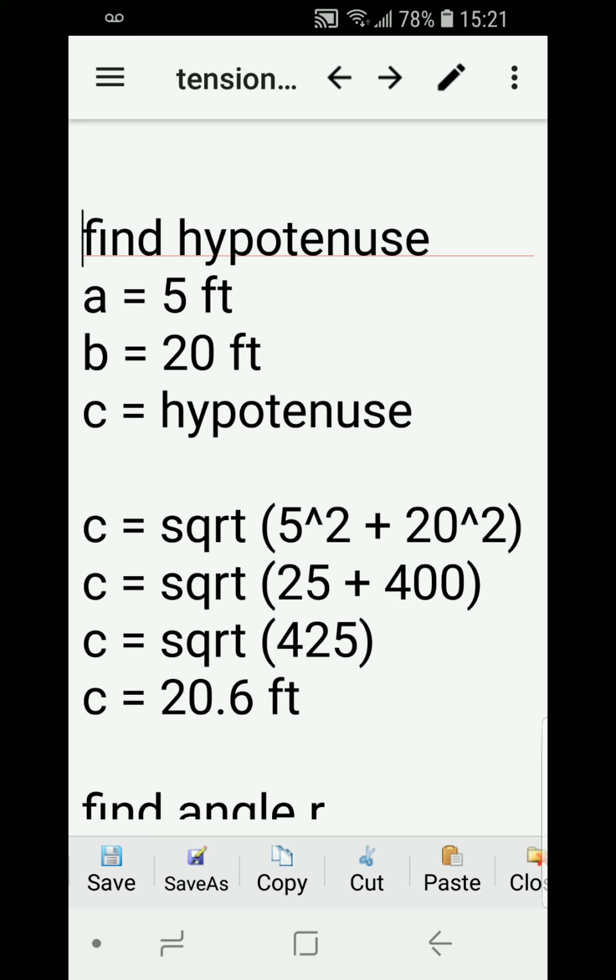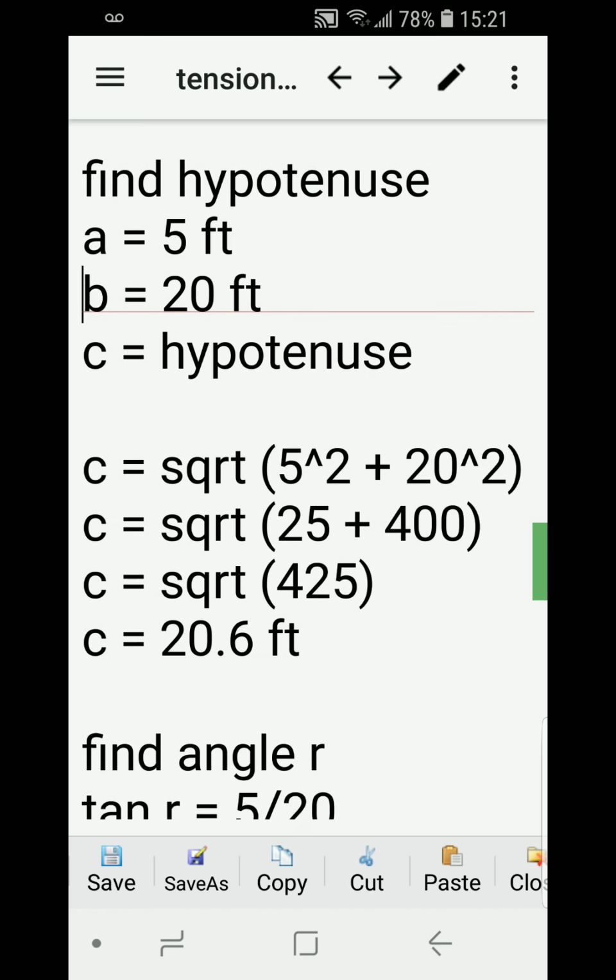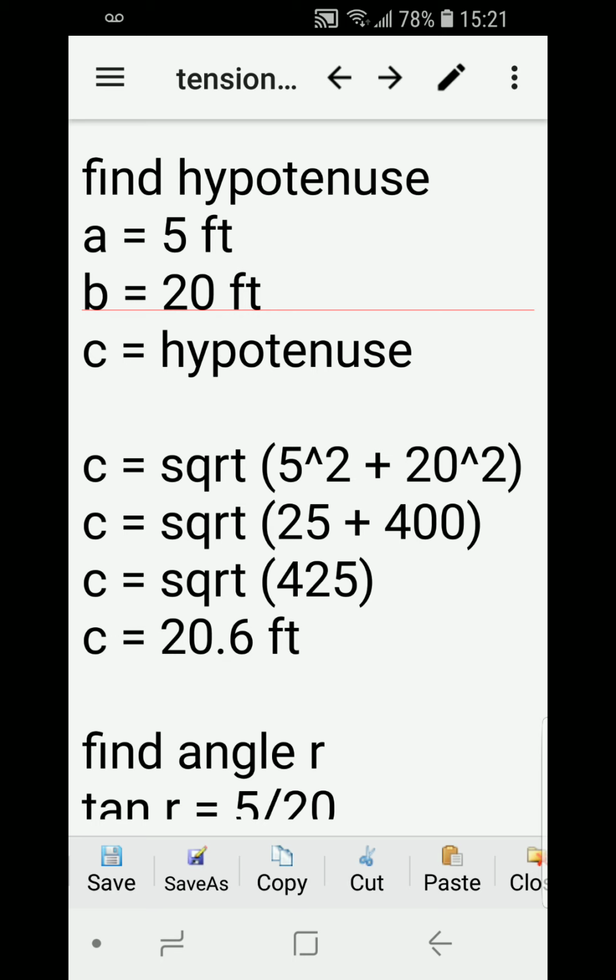Now C, the hypotenuse, is where the tension is that we are solving. So using the Pythagorean theorem, C is the square root of 5 squared plus 20 squared. C is the square root of 25 plus 400. C is the square root of 425, and we find C as 20.6 feet.